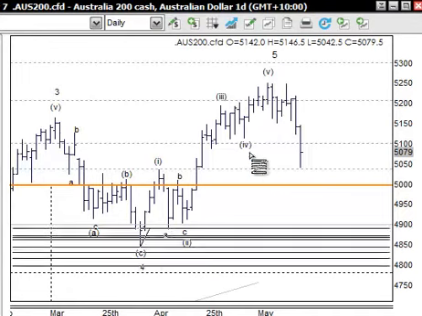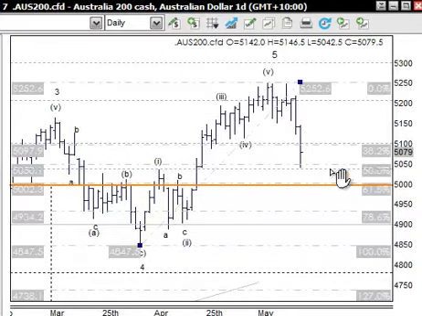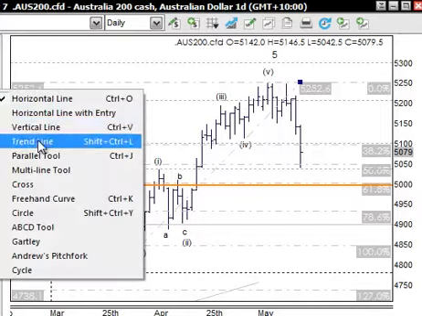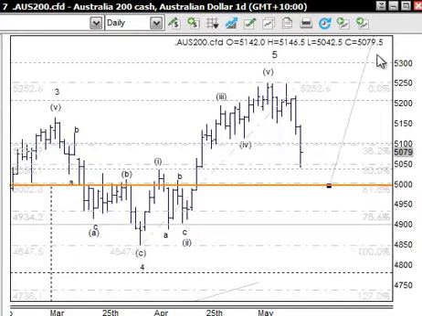So from the low here, the 56% retracement is in the 5,000 to 550 area through here. And if that's the case, then we would see a move up from that point. However, if we do get the 5 waves down through here, as we do in the banking sector, then we'll get 3 up, and then we'll get another 5 down, which is more likely in this case, and that's what we're looking at through there.